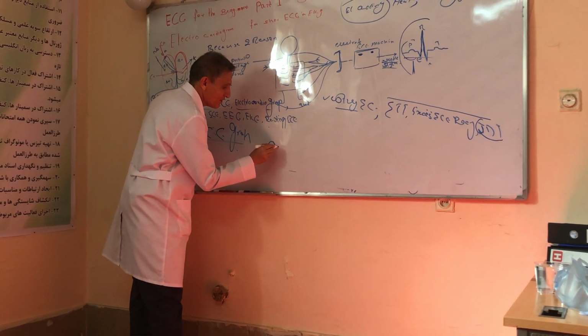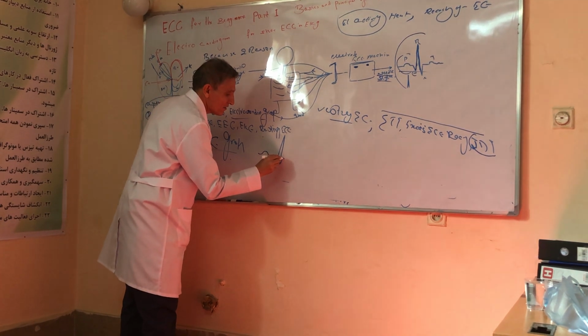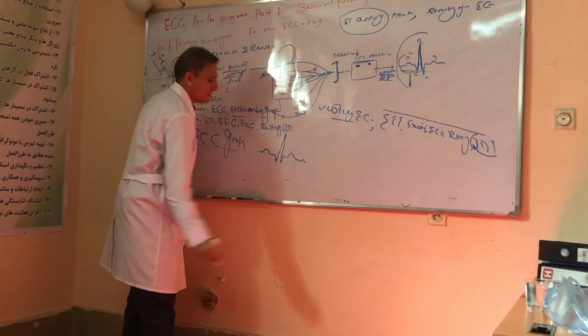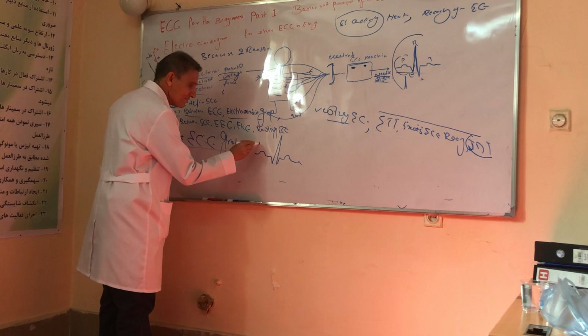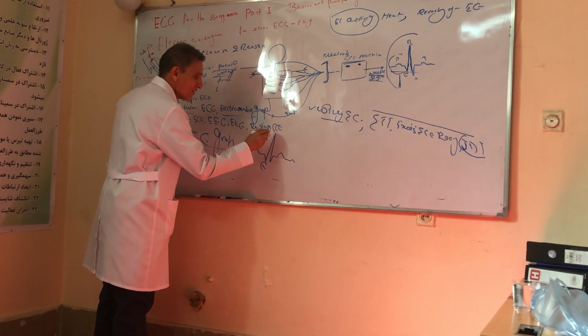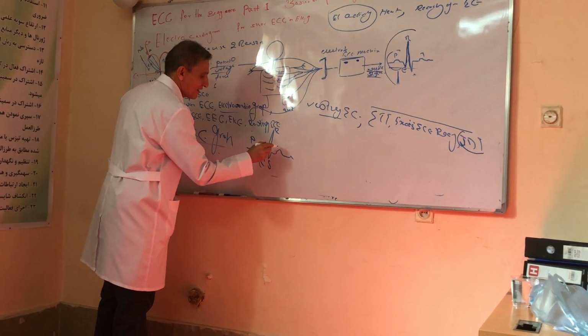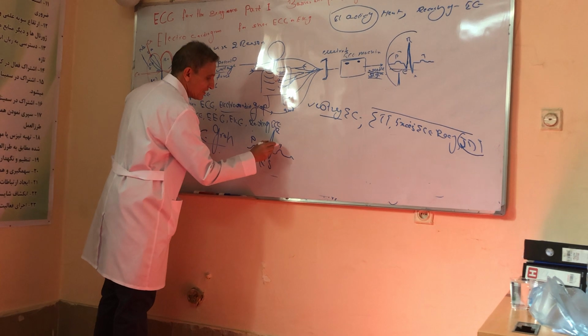For example, P, Q, R, S, T. This is the first wave, P. The second wave, Q. The third wave, R. And the fourth wave, S. And the last wave, the fifth, T.